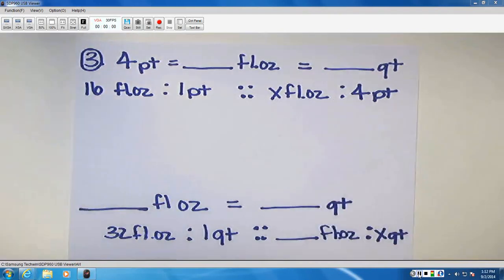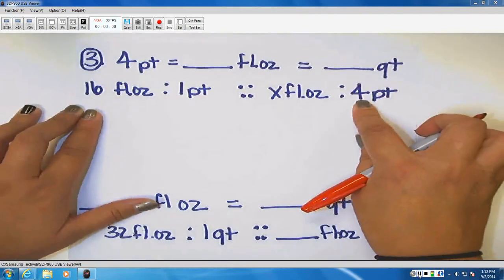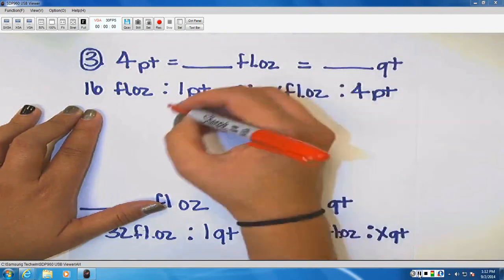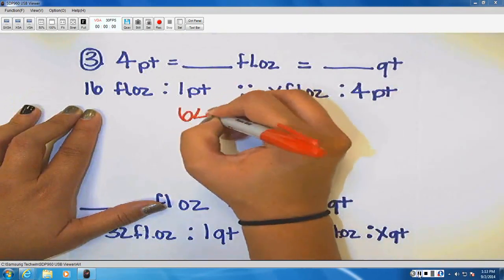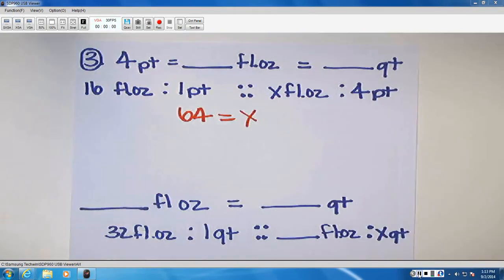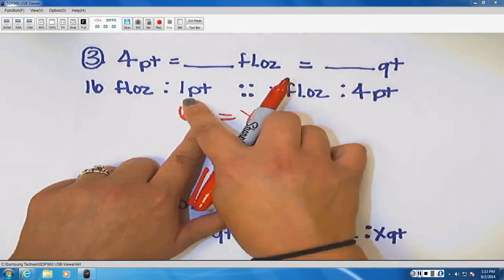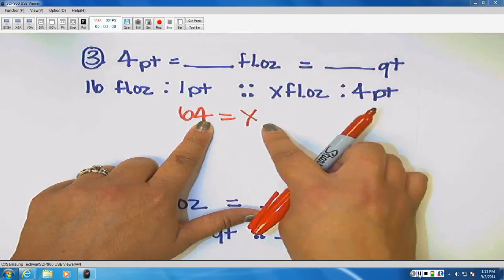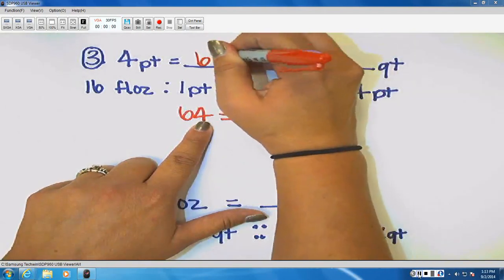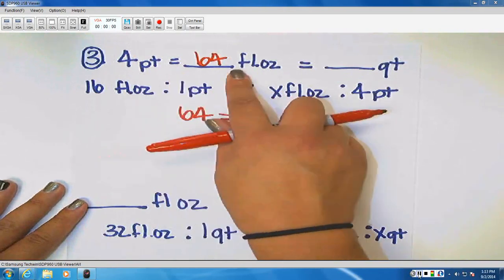So now I'm just going to do my math, multiplying my outer ones, which 16 times 4 is 64, equals X. So there's my answer right there. 16 times 4 is 64, and I know that 1 times X is just going to be X. So here's 64 up there. 4 pints equals 64 ounces.